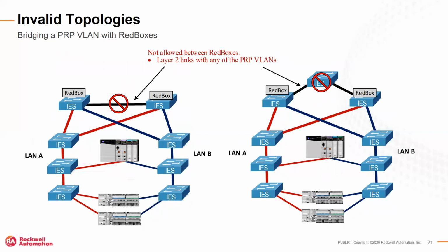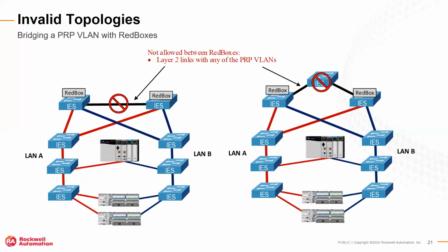Yeah, thanks, Mike. So here's another invalid topology. Here we have LAN A and LAN B that are separate until we get to the RedBox. You can have a vast number of RedBoxes on a PRP network, but two RedBoxes cannot be connected to one another.